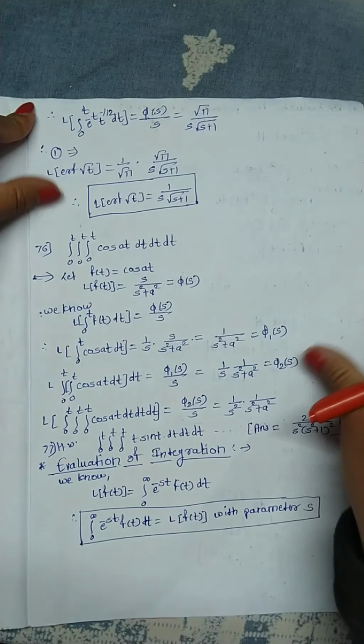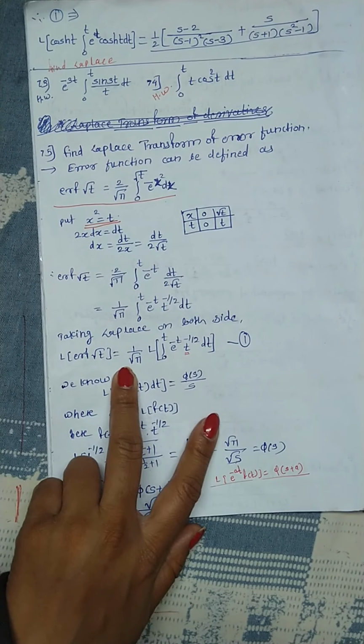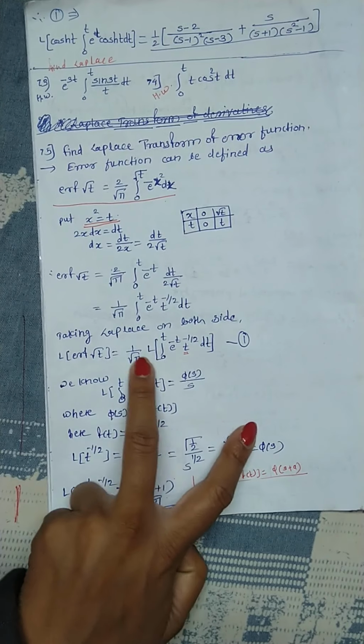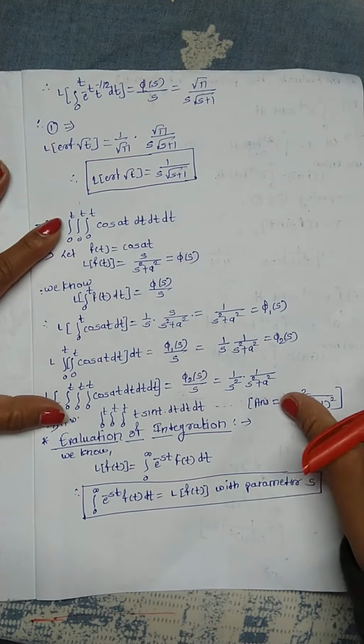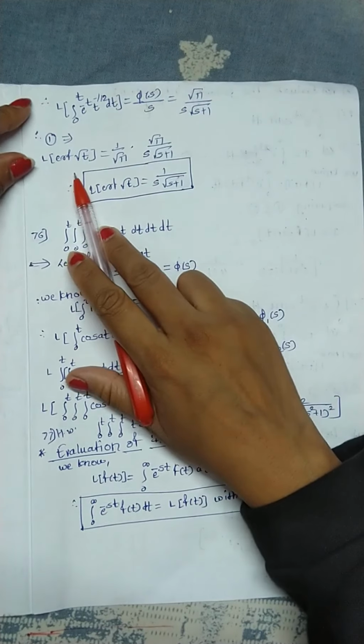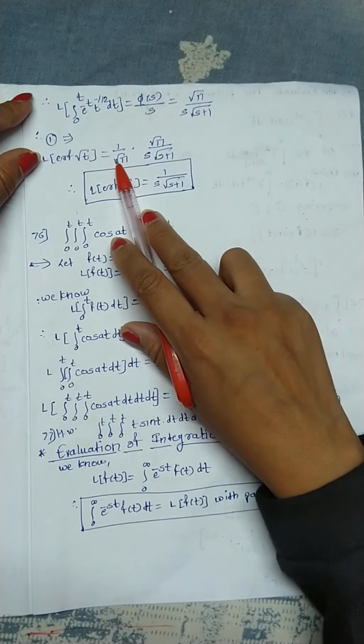Now we have to put this value in our original question. Our original question is this. Only we have to divide by root pi. That's why the Laplace transform of error function of root t is nothing but 1 upon root pi of this Laplace. Root pi gets cancelled.